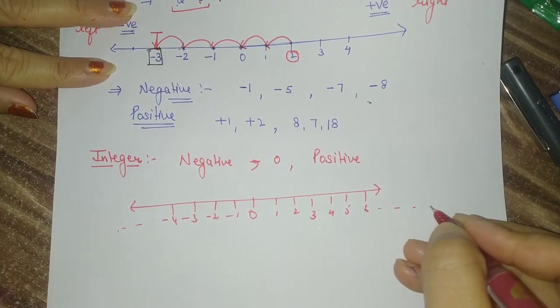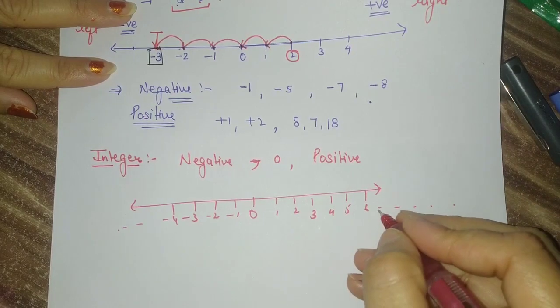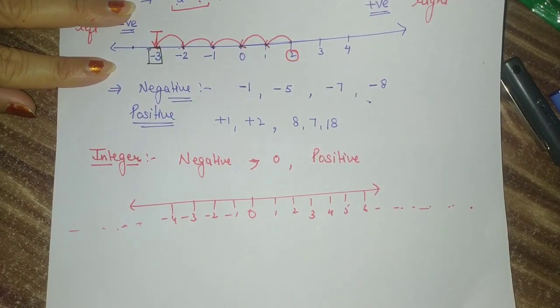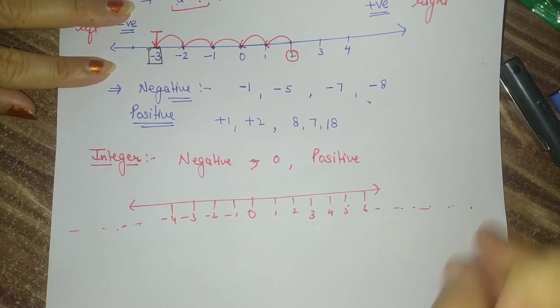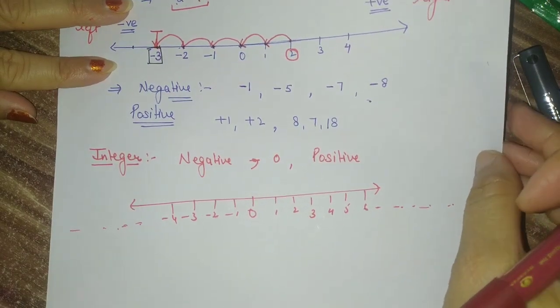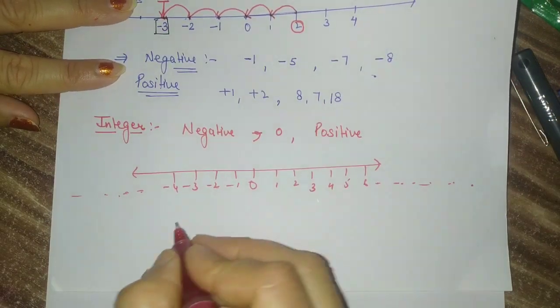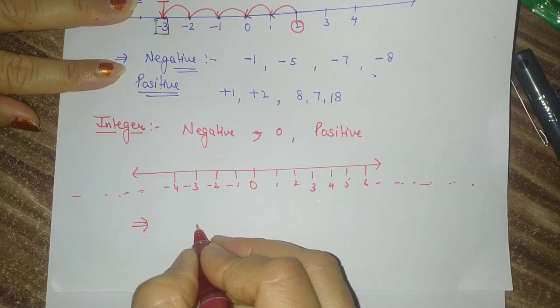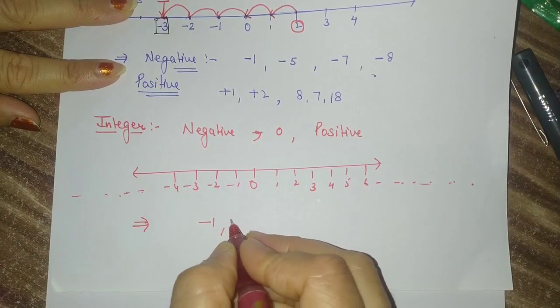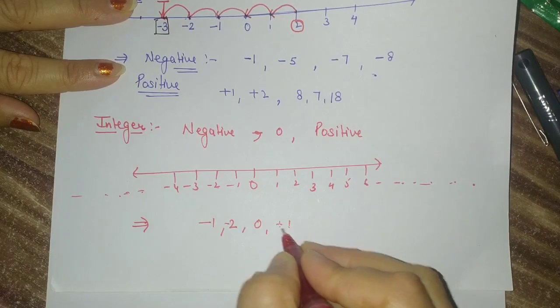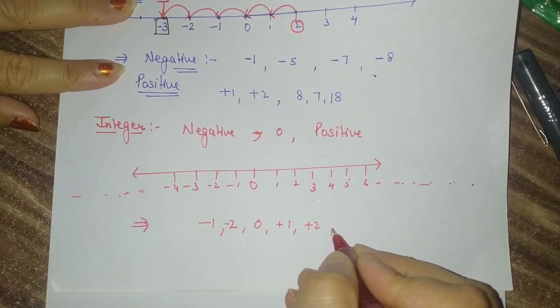There is no end of integers, because we know on the right side there is no end of numbers, and on the left side also there is no end. So integers are also endless. I repeat again, the combination of negative numbers, 0 and positive numbers are integers.